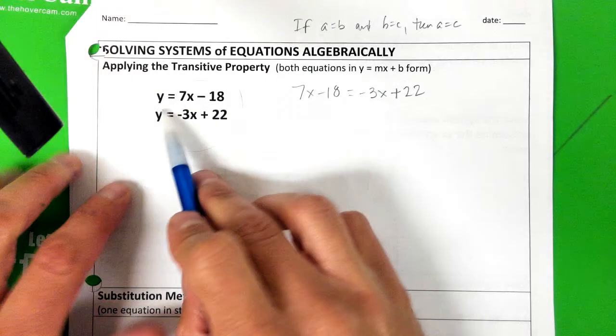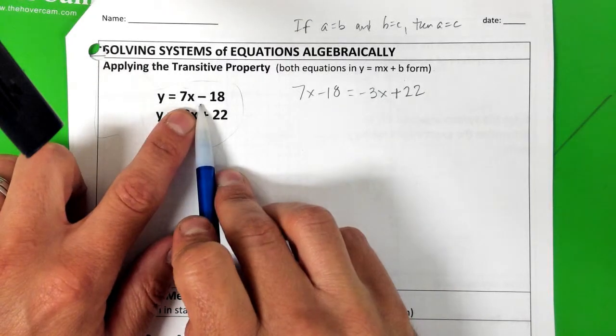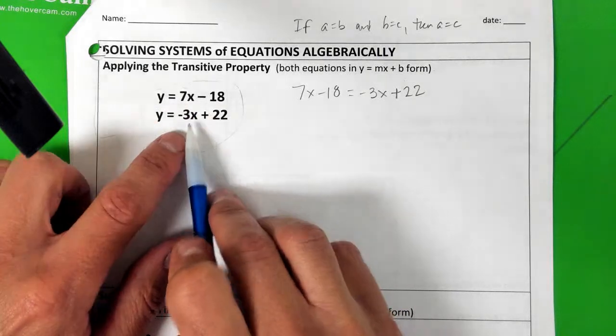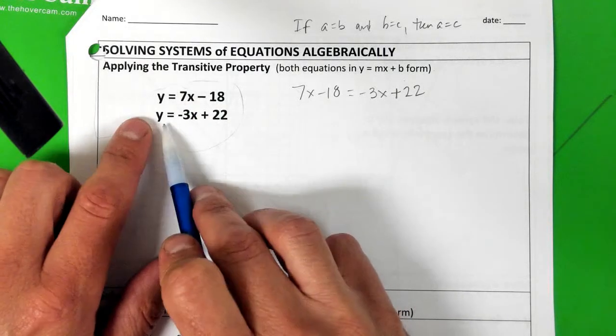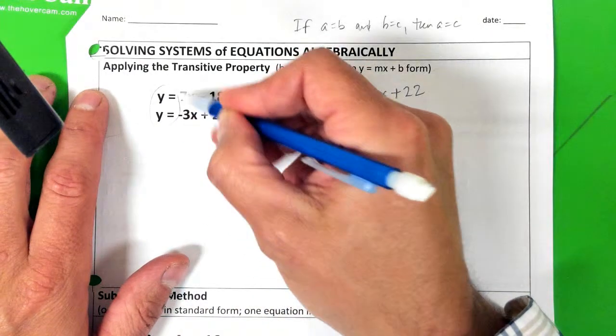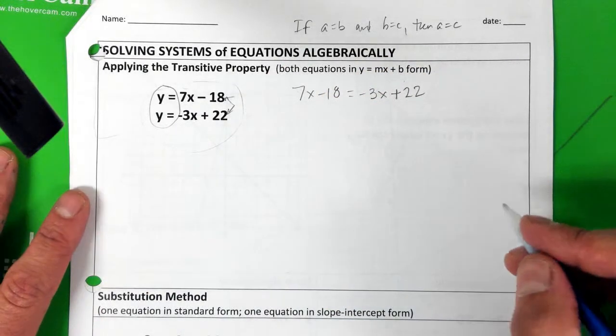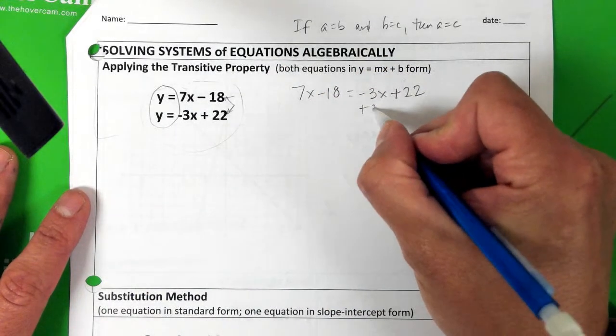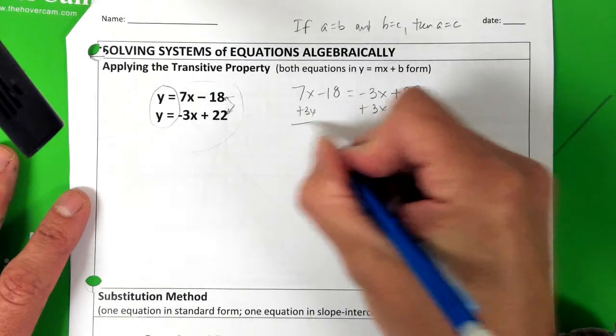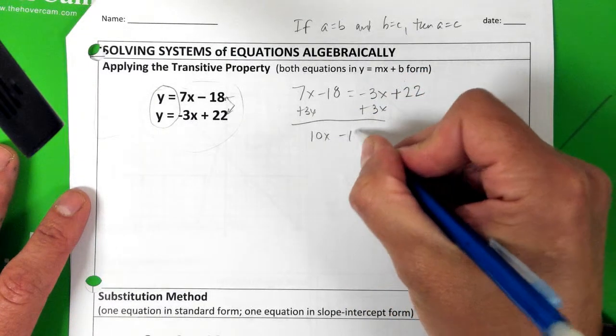Well, basically, if y equals 7x minus 18 and negative 3x plus 22 equals y, since they're both equal to y, these expressions can be set equal to one another. And then we would use balance moves to solve.